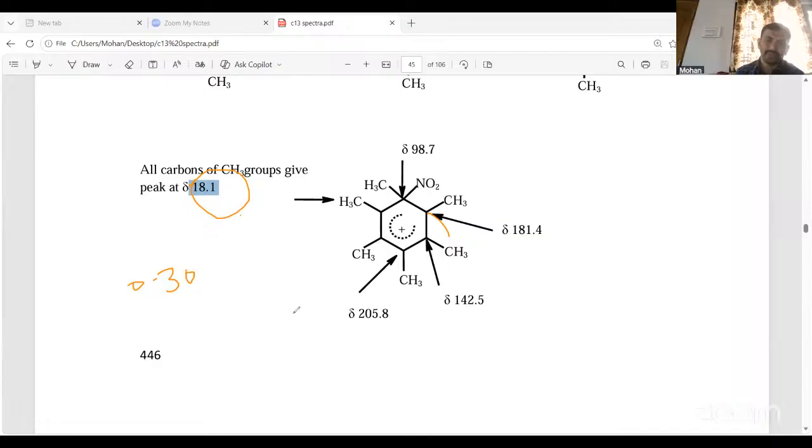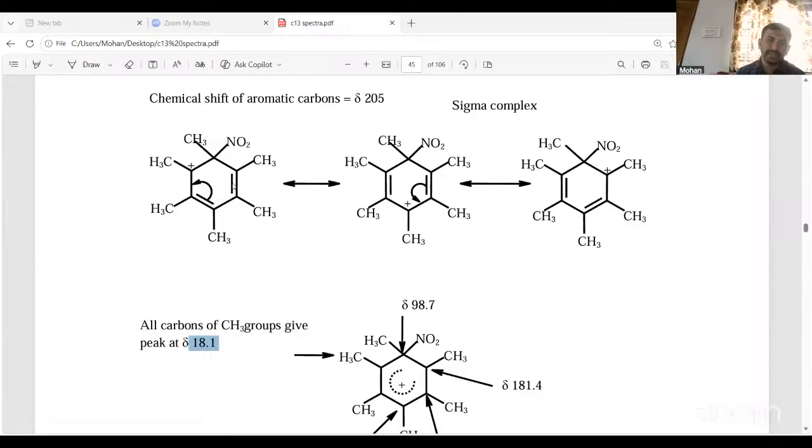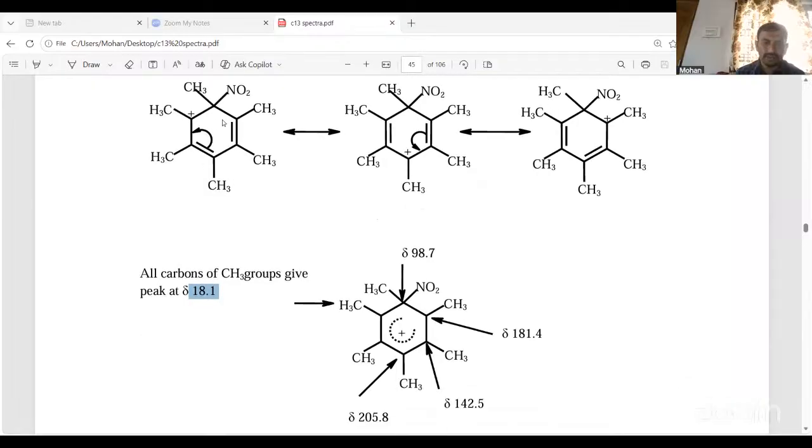Right? But in the benzene, if you see the benzene, there is no sp3 carbon here, isn't it? Because all the ring carbons, not the substituents, all the ring carbons have sp2 hybridization, right? So you see this carbon is sp2, this is sp2, this is sp2, this is also sp2 because it is planar, right?